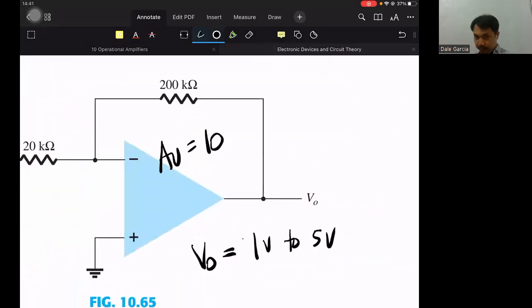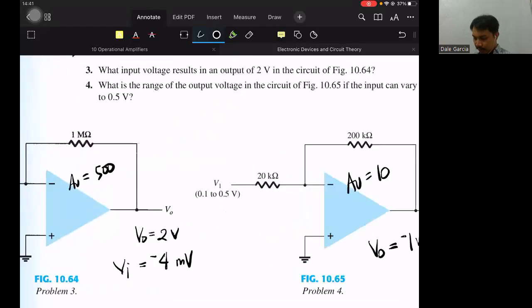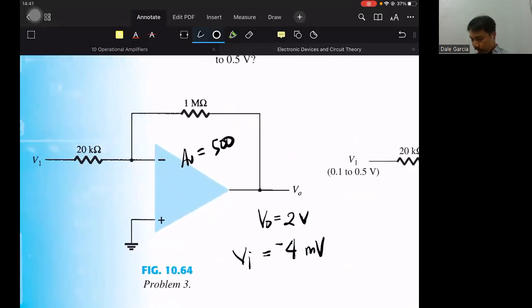Sir, for getting the 4 millivolts, I just divide 20K over 1 million.